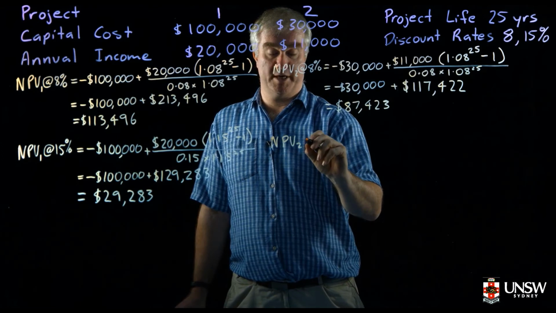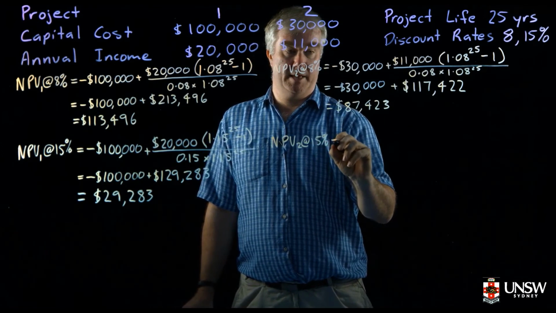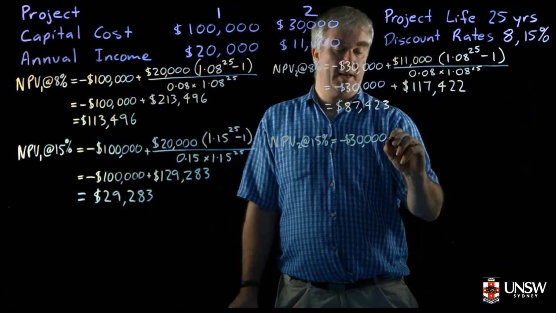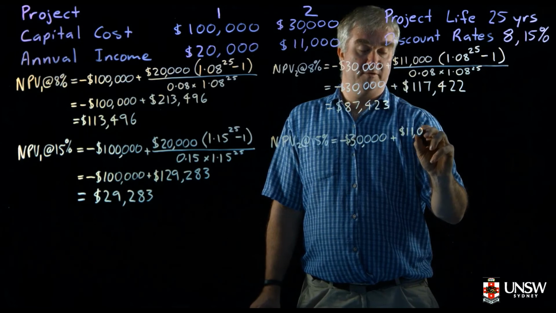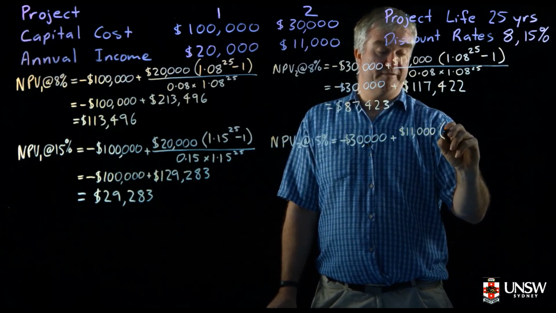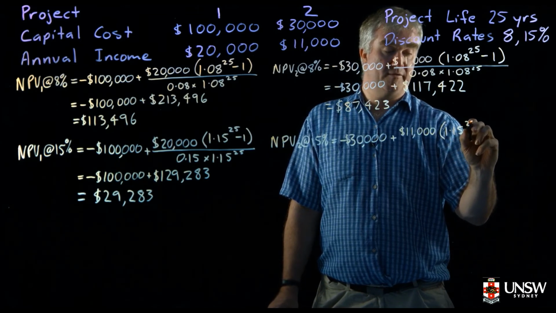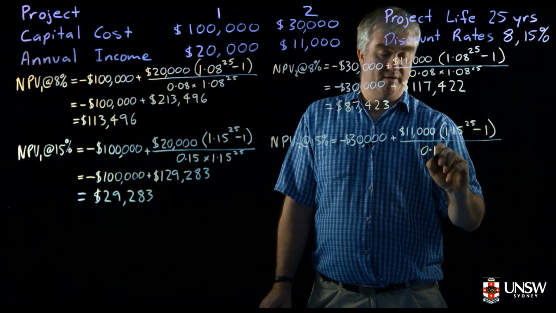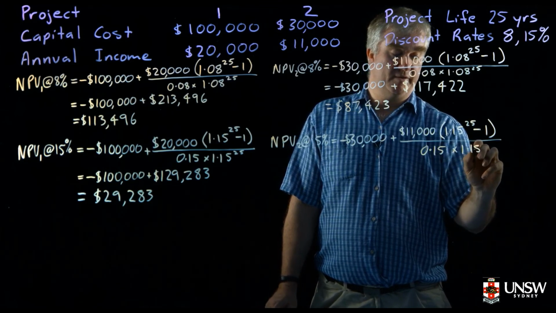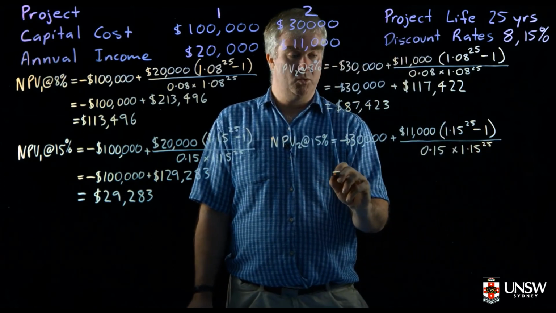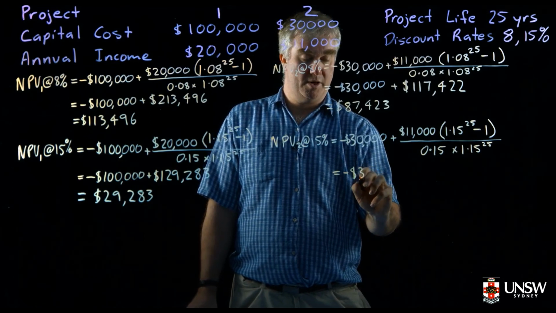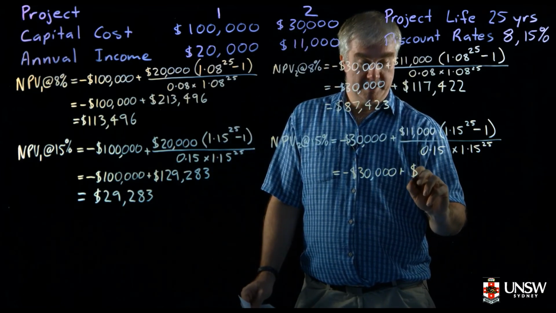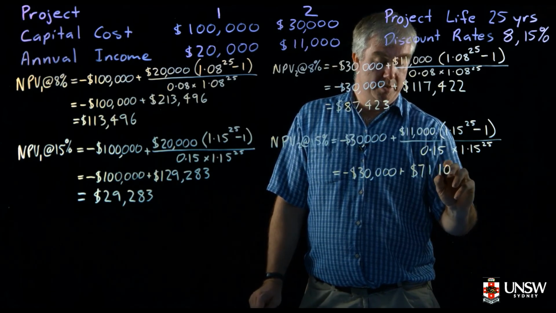So the net present value for project 2 at 15% is equal to minus 30,000 plus 11,000 for our annual income, but this time we're going to use 15%, so 1.15 to the power of 25 minus 1, all divided by 0.15 times 1.15 to the power of 25, which is equal to minus 30,000 plus $71,106.